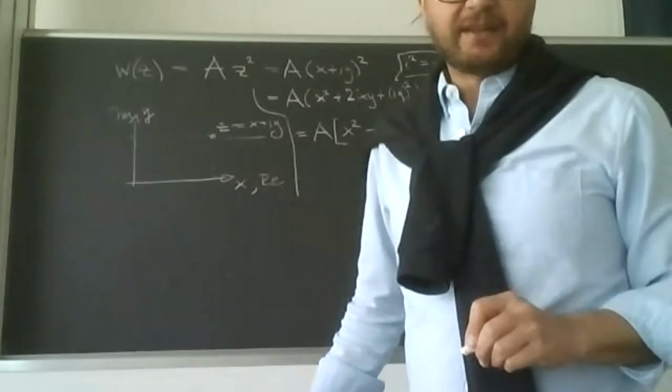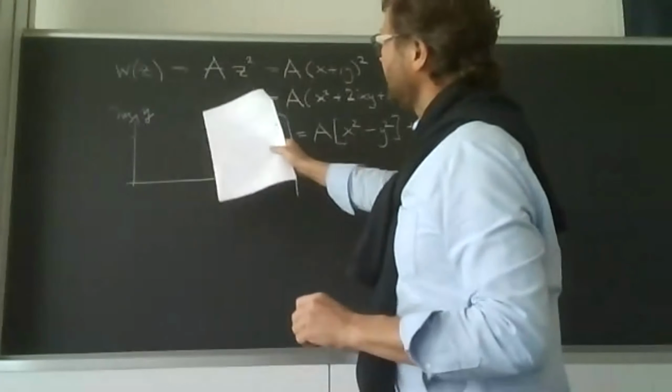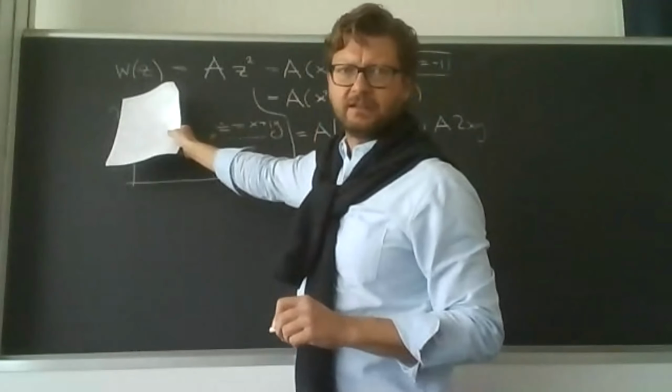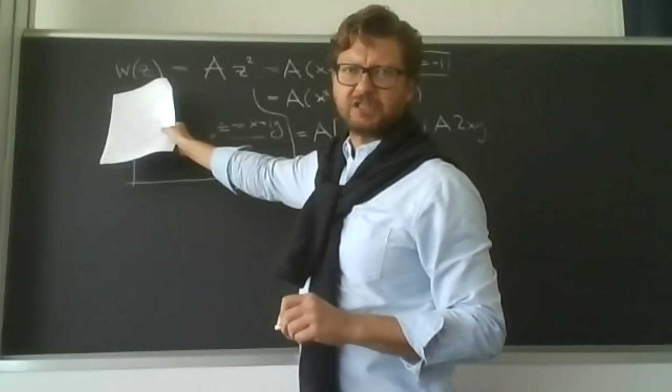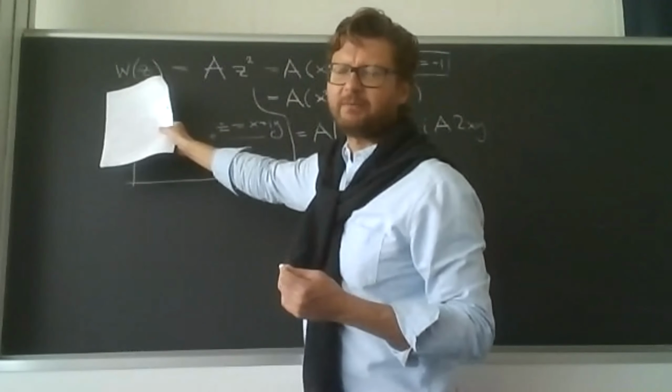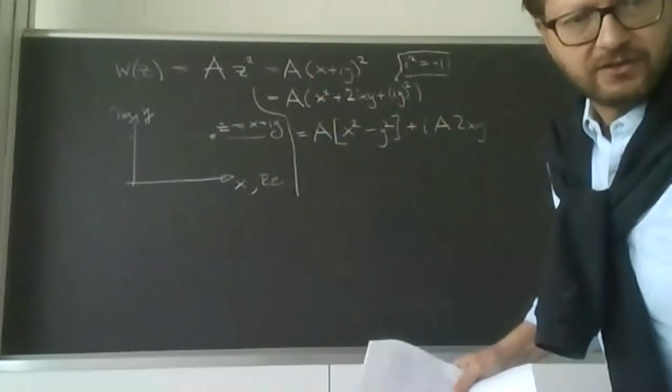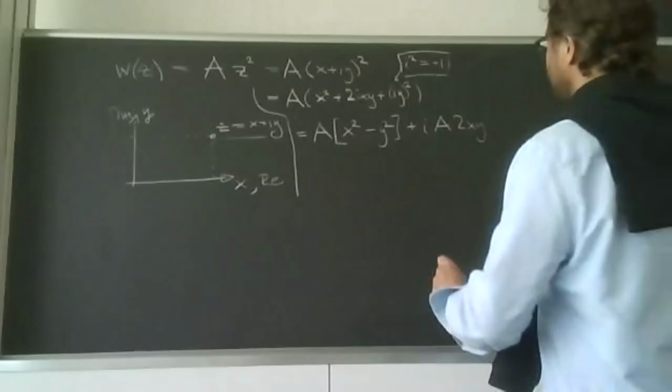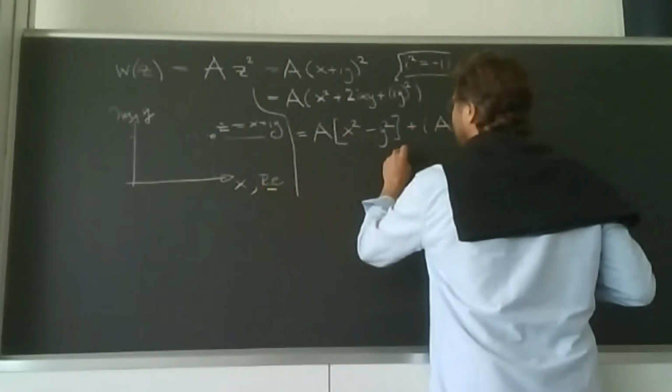Okay, so what does our theory say? The real part of a complex potential is our classical potential, and the imaginary part is the stream function. So the real part, let me use color yellow for the real part.